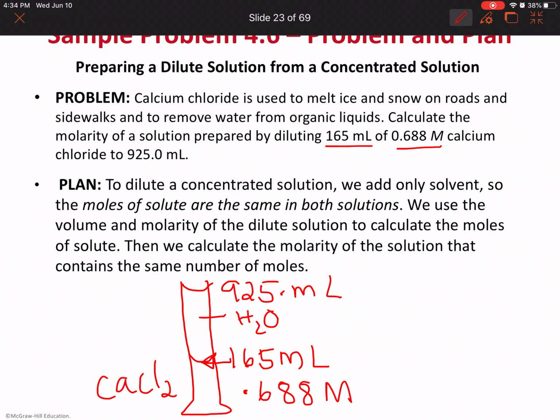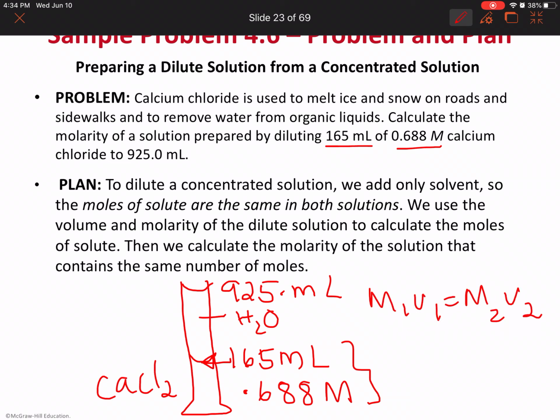So what did we do? We just added water. So did the number of moles that we had in our original 165 milliliters change? No, the number of moles didn't change. Only the volume increased. Now it's asking what is the new molarity. So can we use M1V1 equals M2V2?